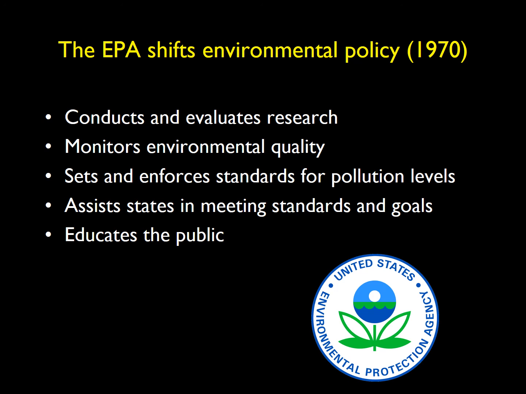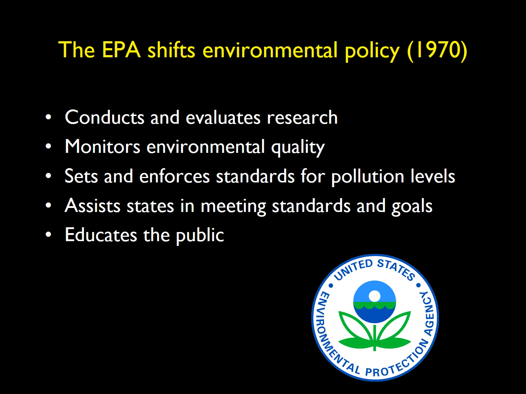So the Environmental Protection Agency does all these things. It's a lot. They carry out research to see what sort of chemicals are hazards. They monitor the environmental quality to see what sort of pollution things are happening. They set and enforce standards for these pollution levels.